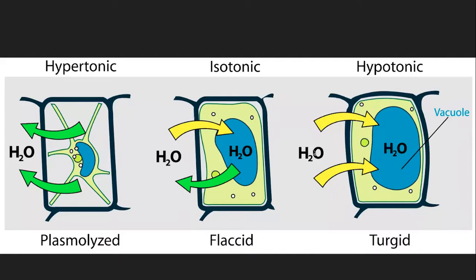Again, the diagram here can be confusing because they have not mentioned whether inside the cell is hypotonic or outside the cell is hypotonic. So that can create confusion. But let's say I am assuming here outside the cell is hypotonic, inside the cell has higher concentration, so it is hypertonic. Inside hypertonic, outside hypotonic. Now in that case, the water will move from hypotonic to hypertonic, that is from lower concentration of the solute to higher concentration of the solute.